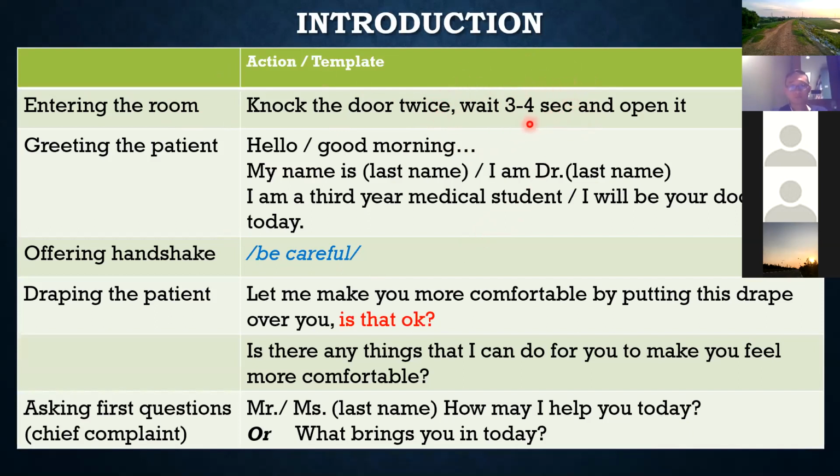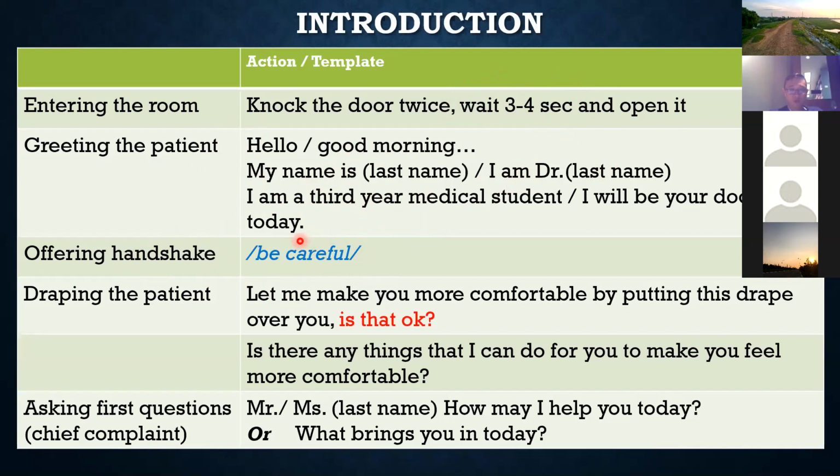Correct. Yeah, they might be changing clothes at the time, and they don't want anyone to enter the room at that time, right? Okay, so after that, you say hello to the patient, and if you're a doctor, you can say, "I'm Dr. Bui," and if you're a medical student, you can say, "I'm a 3rd year, I'm a 4th year medical student."